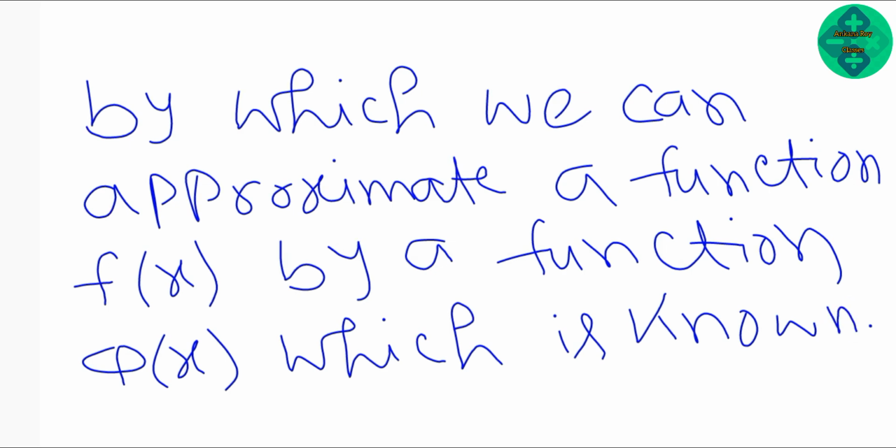Here f(x) is unknown but phi(x) is known, and we approximate the function f(x) by a known function phi(x).